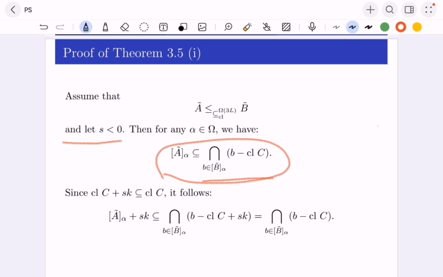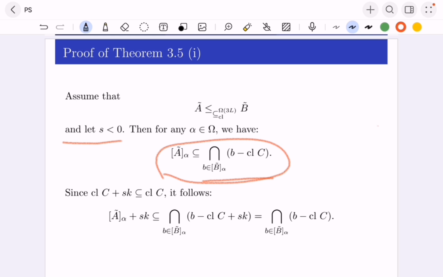So this tells us that every point in the alpha level cut of fuzzy set A lies within all of the sets b minus the closure of C, where b ranges over the alpha level cut of B tilde. So in simple terms, the alpha cut of A is completely under the cones attached to each point of the alpha level cut of the fuzzy set B.